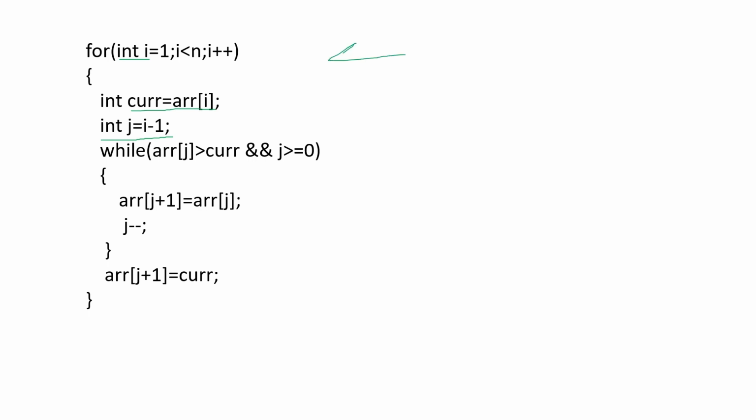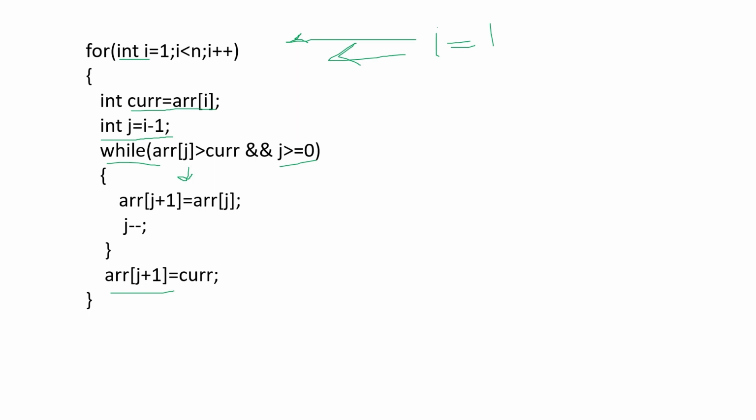It means that if i is 1, then j will be 0. So this j loop is a backward loop, and we check if the current variable is smaller than our array element, so we enter the loop and we shift all the values and place our current variable at the correct position at the end.